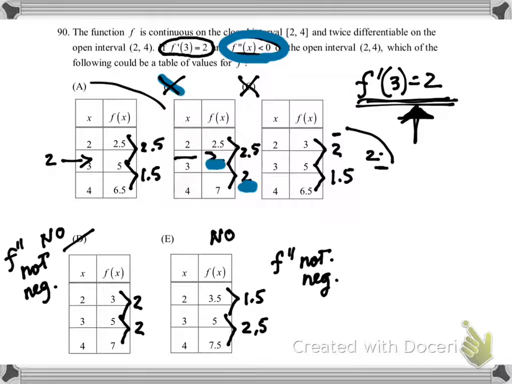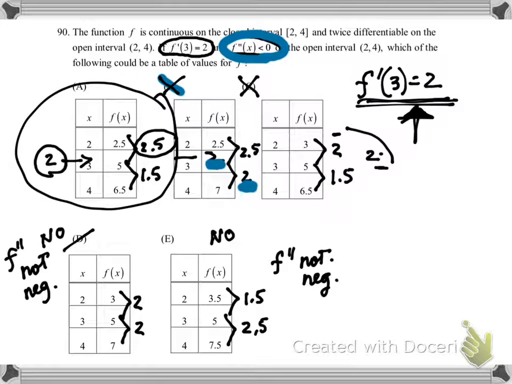Now if you look at this one here, from 2 to 3, it's 2.5. See this? And then at 3, the slope is 2. They gave us that. So there's a decrease, right? From 2.5, it went to 2. And then going from 3 to 4, we get the slope of 1.5.